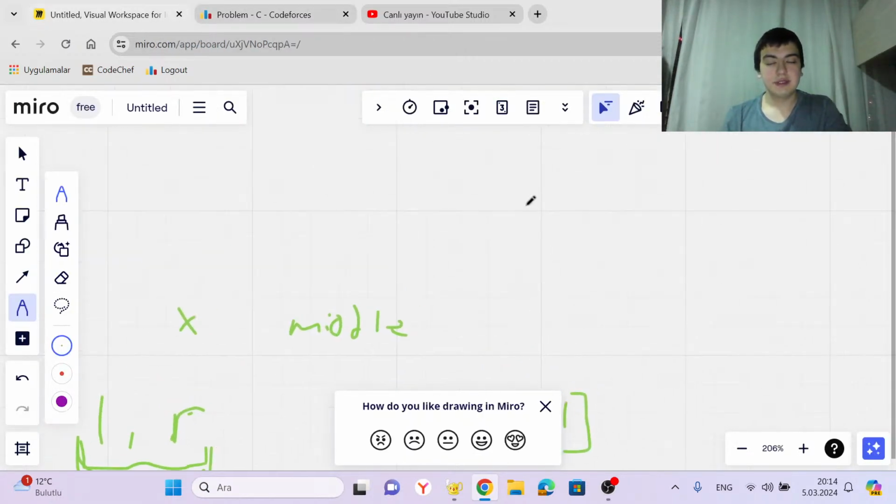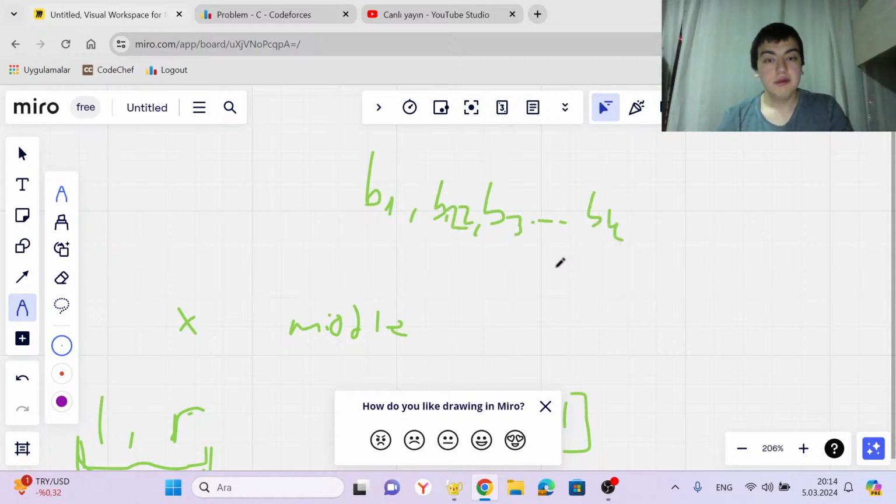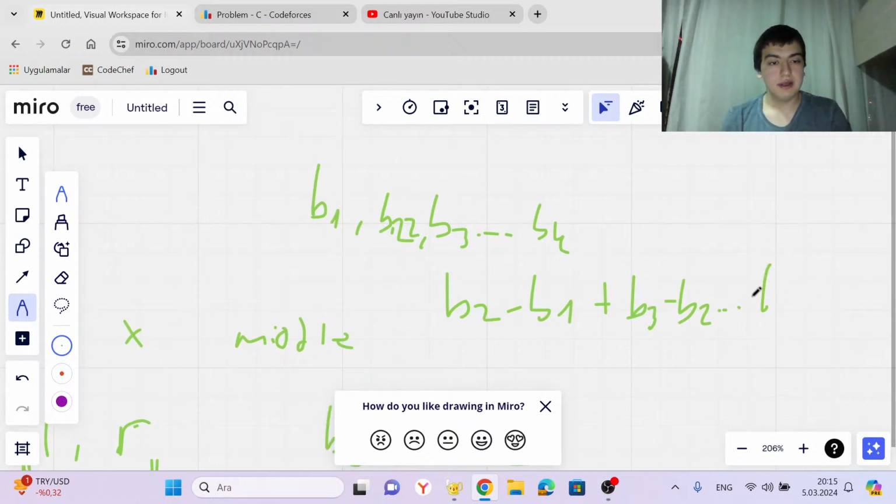Because what we said, if we sort the array in increasing order, and if we read the messages in this order, B1, B2, B3, up to BK, we are adding B2 minus B1 plus B3 minus B2, and finally plus BK minus BK-1.